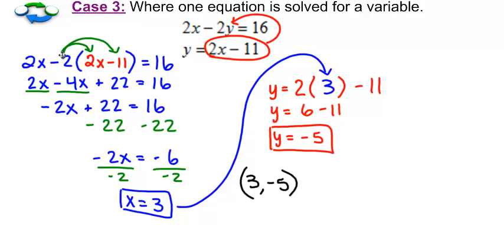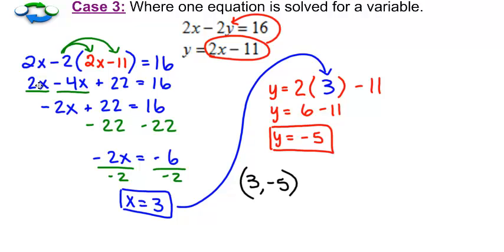Our first step in solving our equation to get x is to distribute the negative 2. So negative 2 times 2x is negative 4x, and negative 2 times negative 11 is positive 22, because 2 negatives make a positive. So then our equation reads 2x minus 4x plus 22 equals 16.